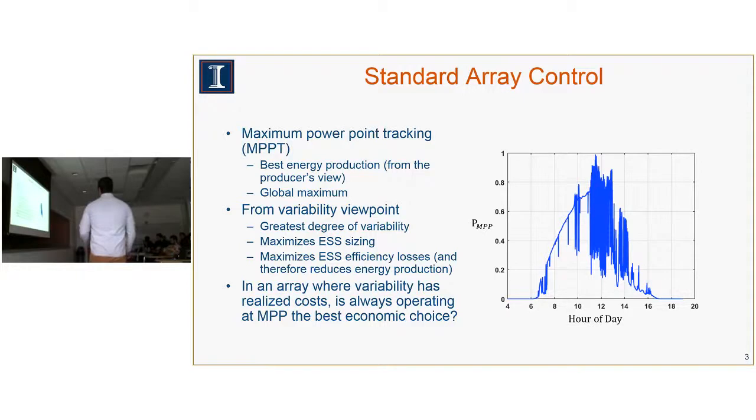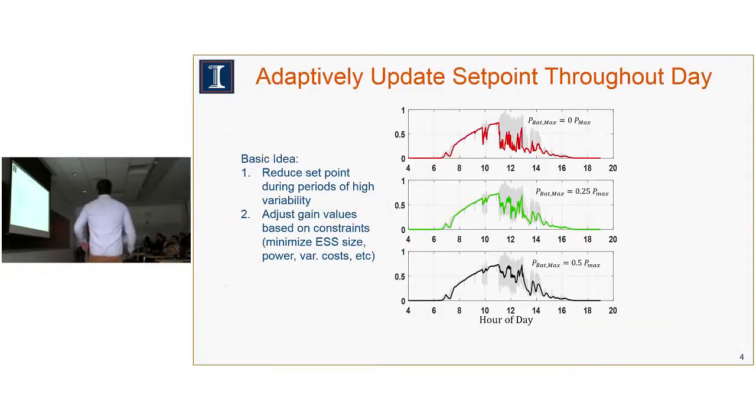So our question is, in an array where variability has some sort of realized cost, is operating at maximum power point the best economic choice? This is, again, just a summary, but we've shown before that if variability is a choice, then as soon as you move off maximum power point, you add an additional degree of freedom into your control scheme.